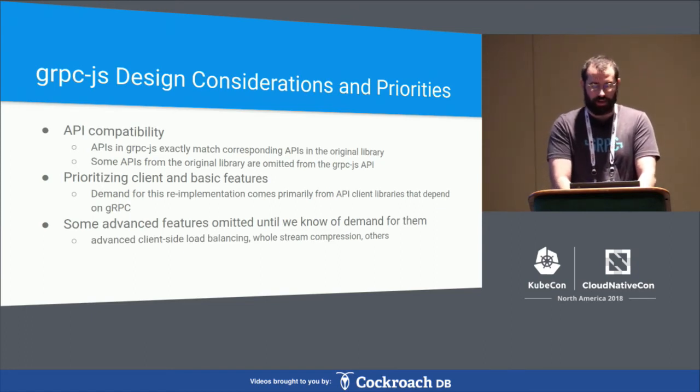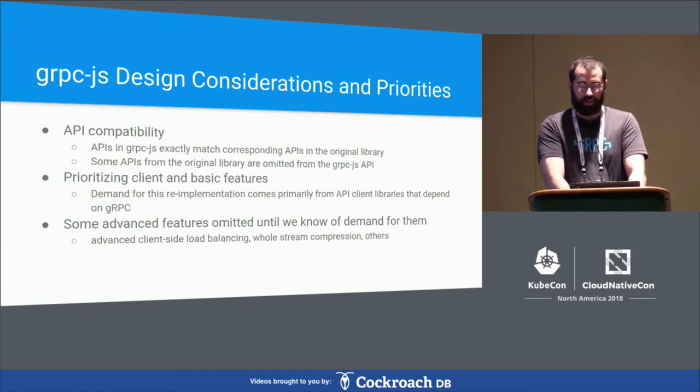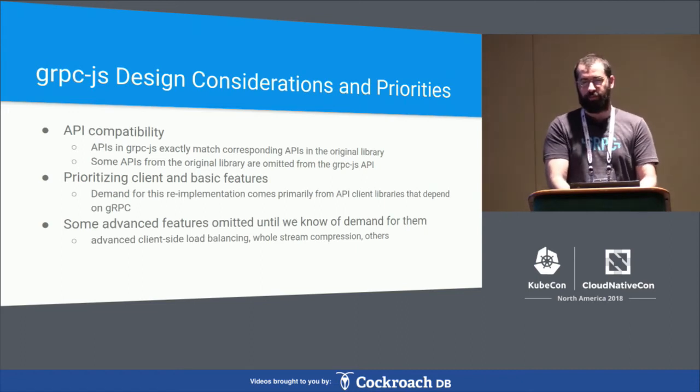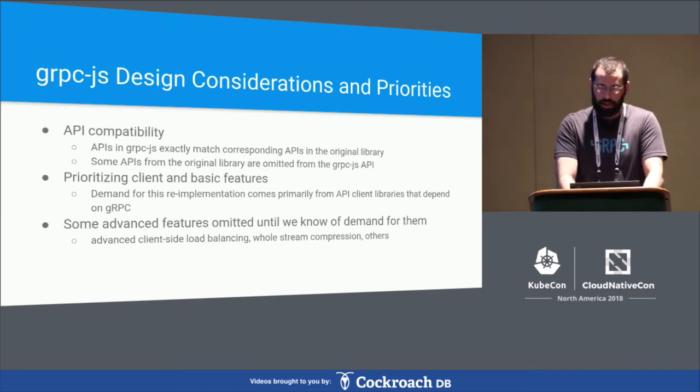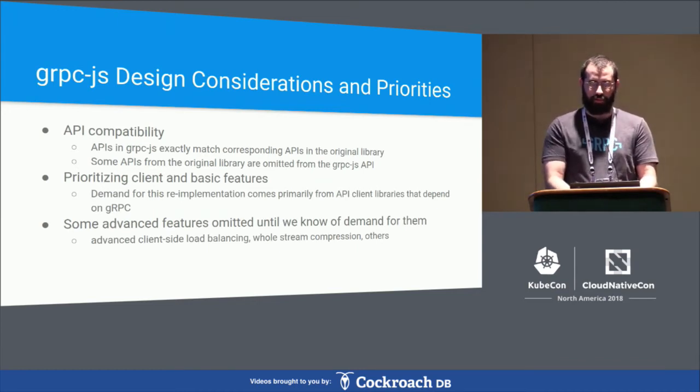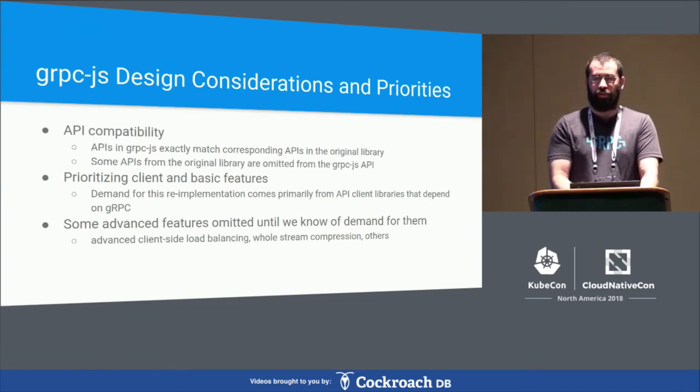And we prioritized the client and the basic functionality because the demand for this library primarily came from people who wanted to distribute client libraries that maybe use some generated code and depend on gRPC. And all of those libraries were experiencing the same friction that I described with their own users.